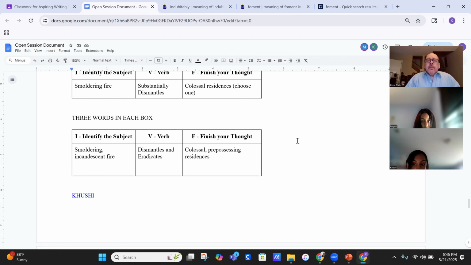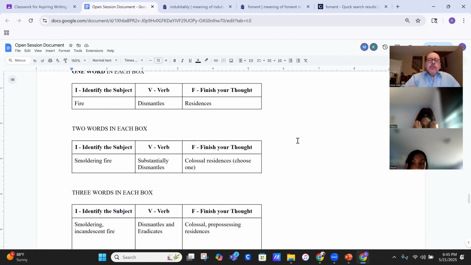As far as being descriptive, some of these words that you start out with are not as descriptive as they can be, like residences. What made it descriptive was adding that modifier and this modifier, because then I could see it. So yes, it became more descriptive.